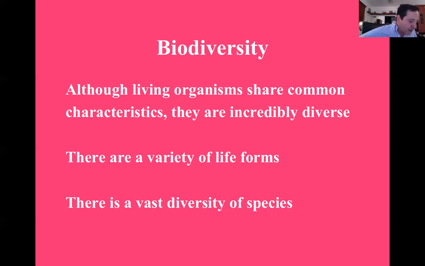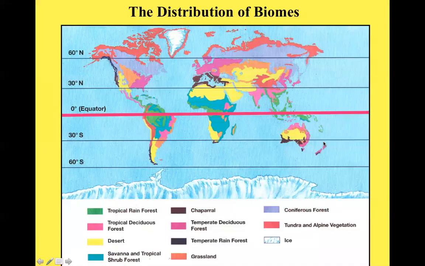Now, the greatest place to study life forms and discover new ones is the tropical rainforests. They're located along the equatorial lands of Africa, you can see here, and also Southeast Asia in this area here, and also in Central and South America.